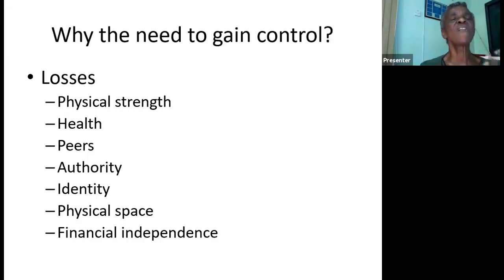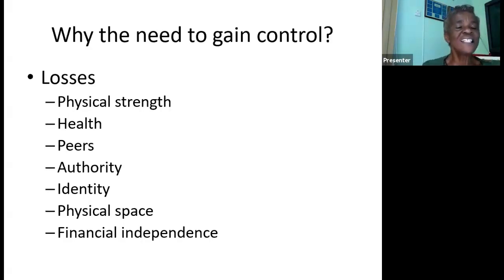But in terms of authority, they're losing some of it because of caregivers, some of whom may be their children, who think they are now in charge of them. Some of them have power of authority, and therefore the authority that they had, they are losing some of the control they would have had in this era.